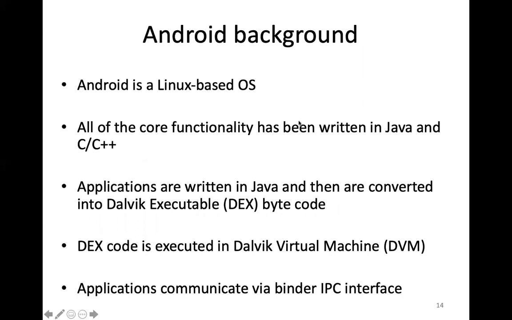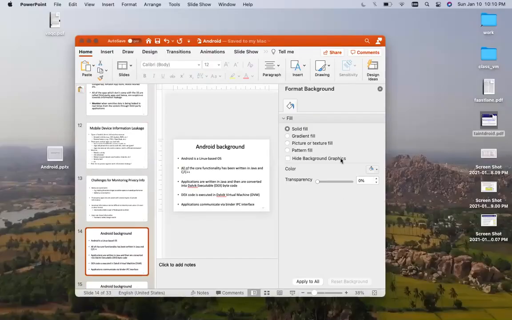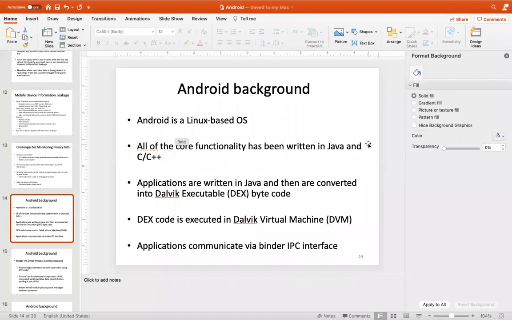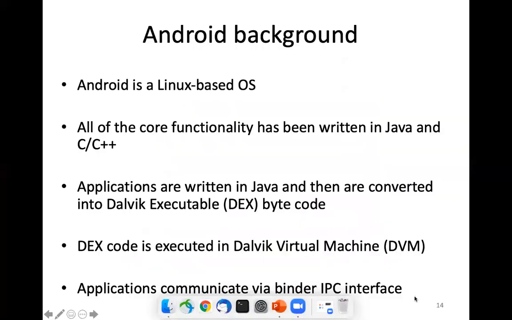So let's get a little bit of background on Android itself. Android is an operating system. It's a piece of middleware that is based on Linux, and all of the core functionality has been written in Java and C++. The next statement used to be true as of a few years ago, even as recently as 2 to 3 years ago, but it's changed.